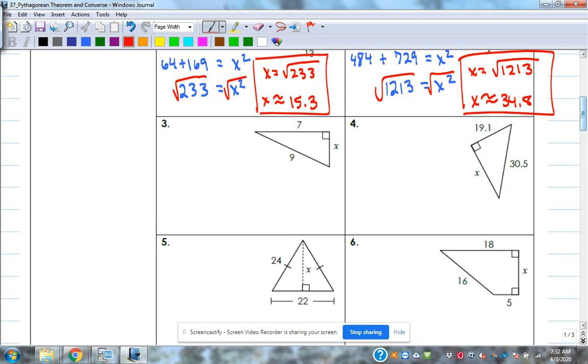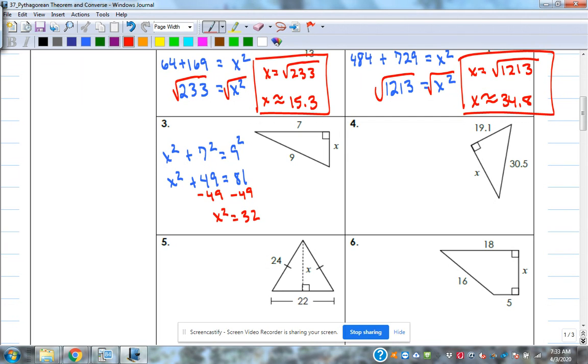And then number 3 changes it up a little bit. Here we have the hypotenuse and the longest leg. We're looking for the shortest leg there. So we're just going to set up X squared plus 7 squared is equal to 9 squared. So it'd be X squared plus 49 is equal to 81. Subtract 49. X squared is equal to 32.